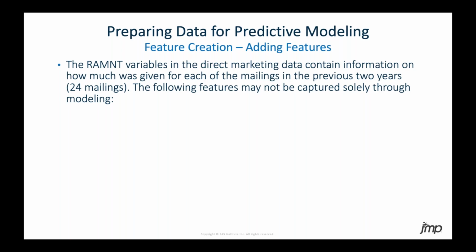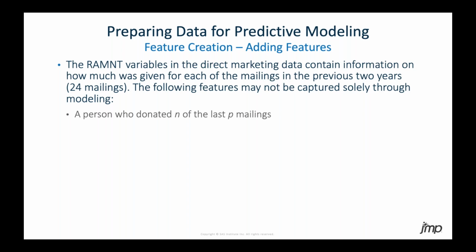If I were just to approach this using one of the tree-based methods or a linear modeling technique, there are certain structures that wouldn't necessarily be captured. For example, a person who donates a certain number of the last mailings.